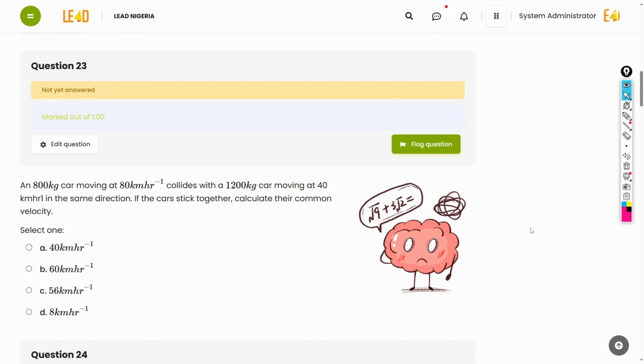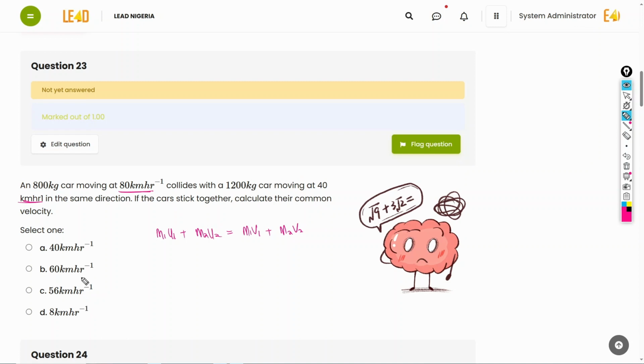All right. So we're going to use conservation of linear momentum. So we're going to have m1u1 plus m2u2 is equal to m1v1 plus m2v2. So total initial momentum would be total final momentum. And I guess we can work with kilometers per hour, since that's what we have even in the options, so it should be fine.